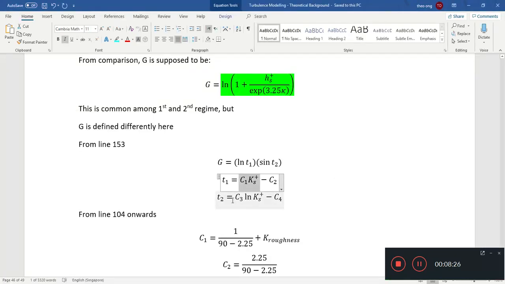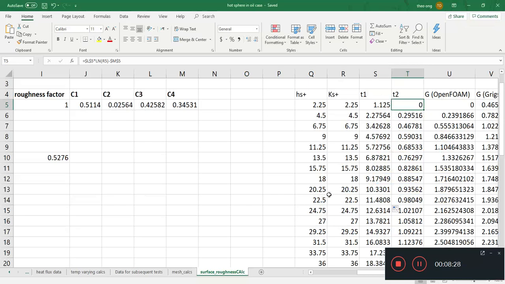T2, we do something similar. C3. Press F2 on that to make it show the formula.